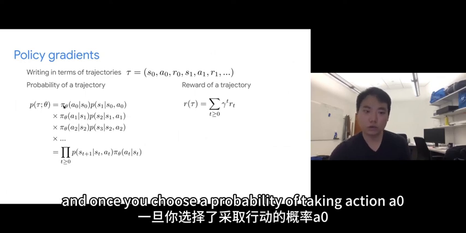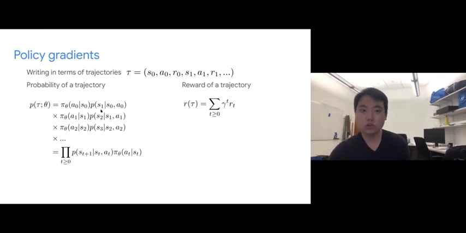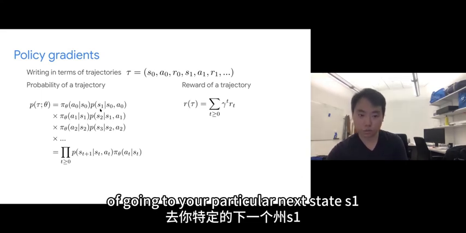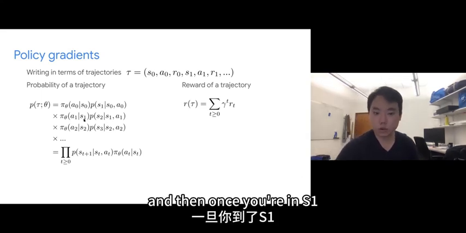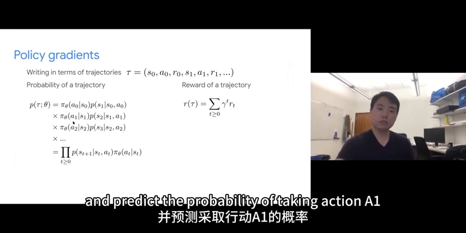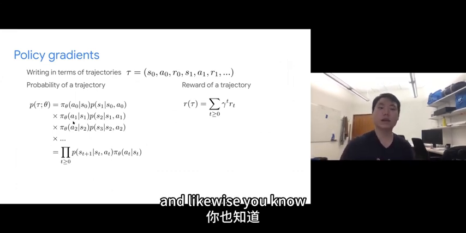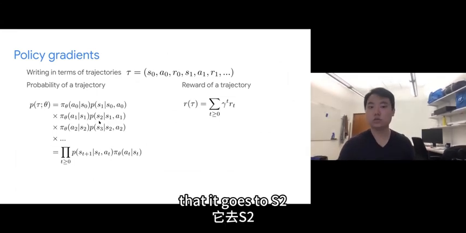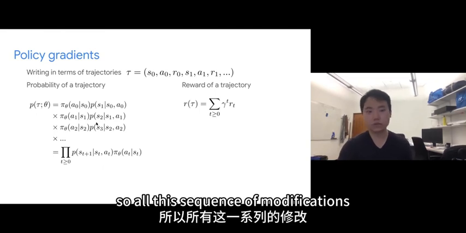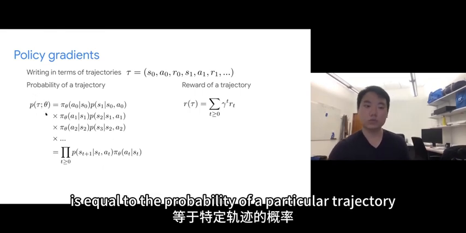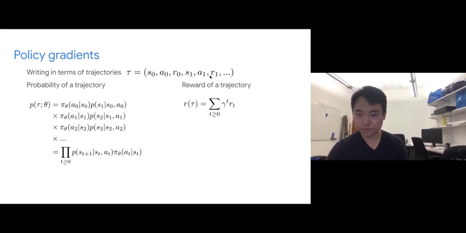Once you choose a probability of taking action A0, you then have to give it to the environment and multiply it by the transition probability of going to your particular next state S1. Then once you're in S1, you're again going to reevaluate your policy with S1 as input and predict a probability of taking action A1. Likewise, given S1 and A1, you multiply by the transition probability that it goes to S2. All this sequence of multiplications up until your horizon is equal to the probability of a particular trajectory.